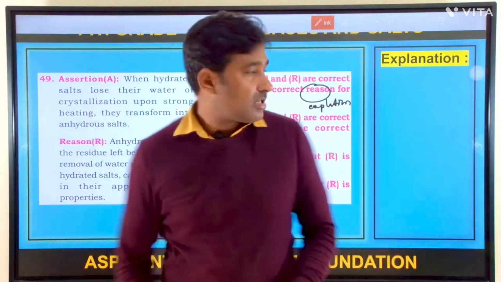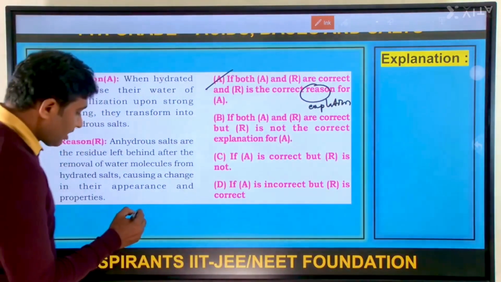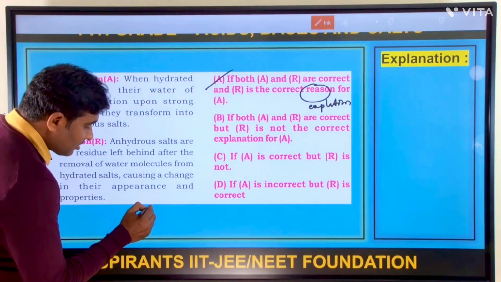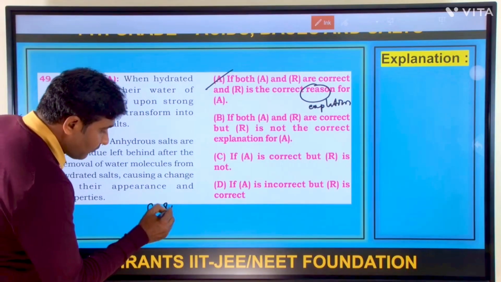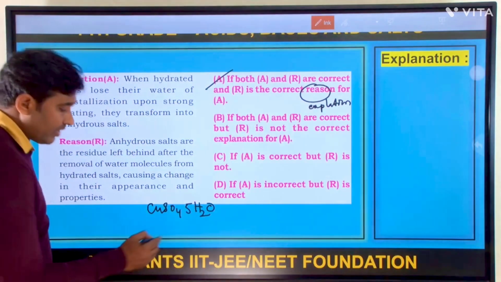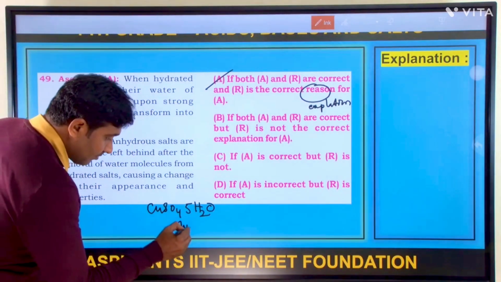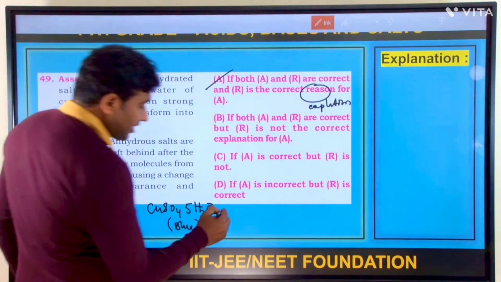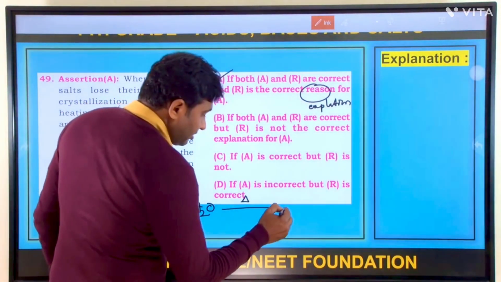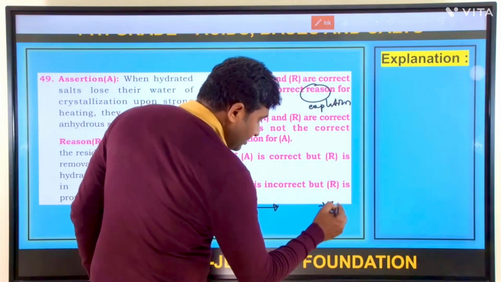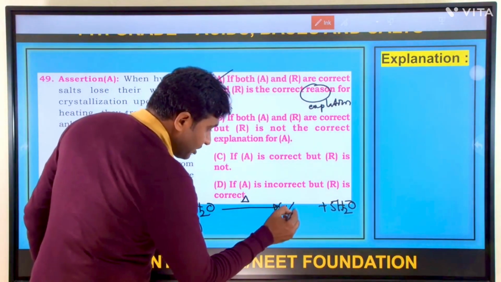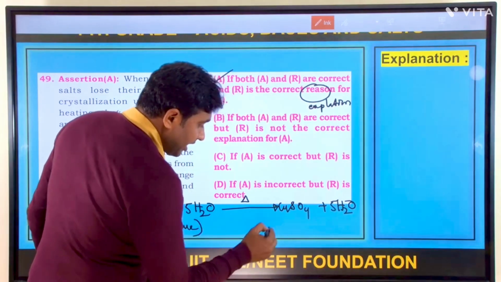So both are correct. Now we'll discuss that. If you take hydrated copper sulfate, a hydrated salt, CuSO4·5H2O, it is blue in color. On heating, it loses the water molecules and gives rise to CuSO4, the anhydrous salt.